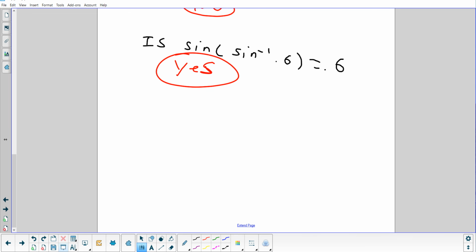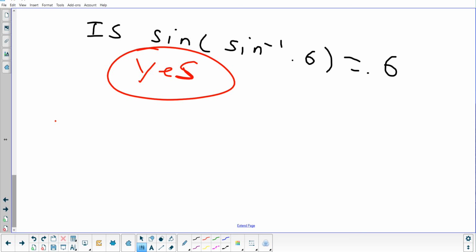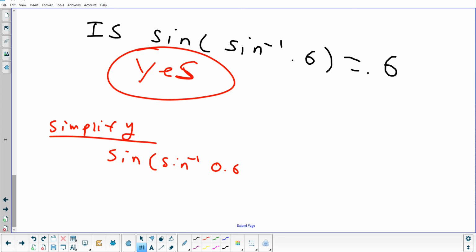Now, another way you could see a question like this written, instead of a yes or no, is like this. It could say simplify, and it would say the sine of the inverse sine of 0.6.